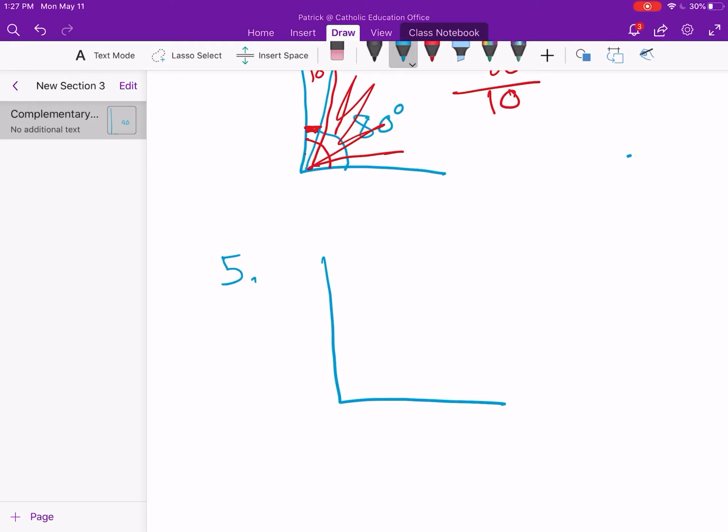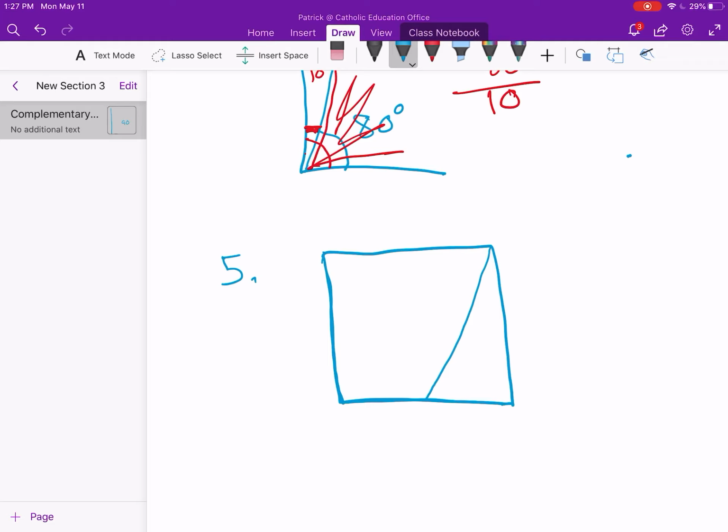I draw my 90. Actually, I'm going to make this one a little more tricky. I'm going to make a square. Lots of times this is when you use the 90 degrees to figure it out. And sometimes there'll be a line, maybe some kind of weird angle like this coming down. Well, if you're told this is a square, every corner, every vertex in a square is 90 degrees.